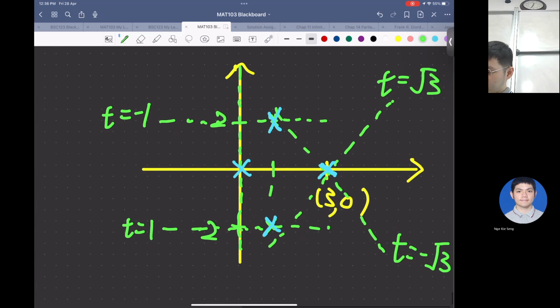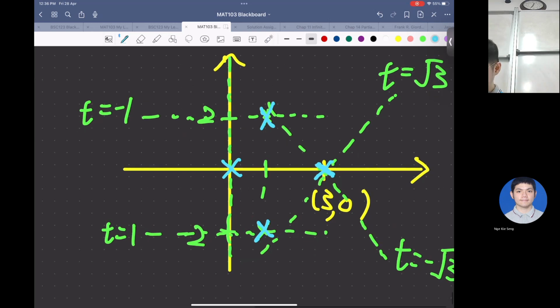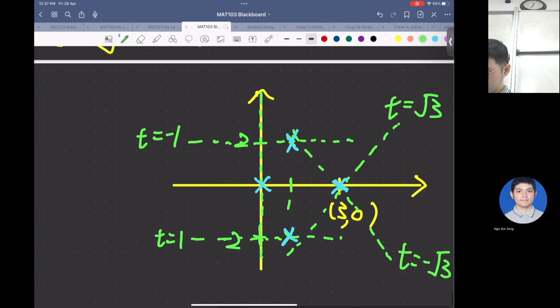Let me give you more hint. Maybe I cannot give you a hint. Anyone want to guess how you join these points together and meet the tangent line? Here is t equals 0.